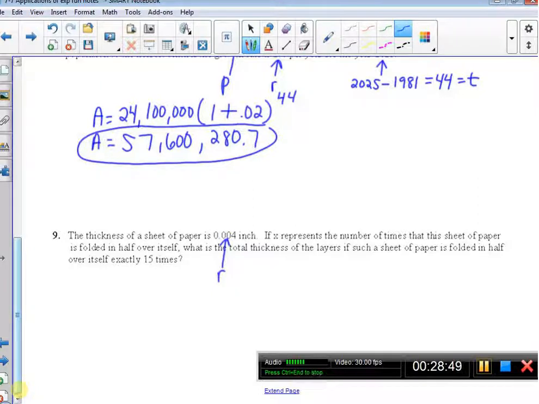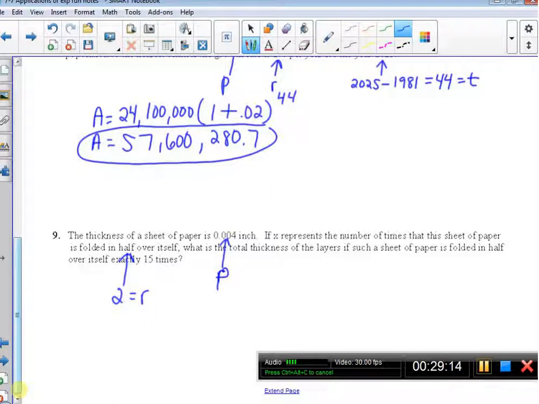This is not the rate. This is how much, that's the thickness you're starting with, sorry. Your rate is 2 because it starts at 100% and then you're folding it on top of itself, so you're getting another 100%. So you're getting 200%, so it's equal to 2 for the rate.